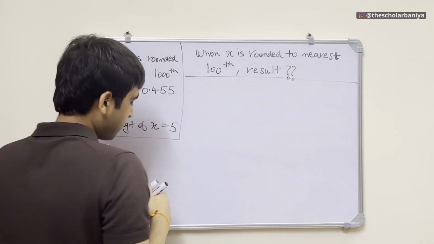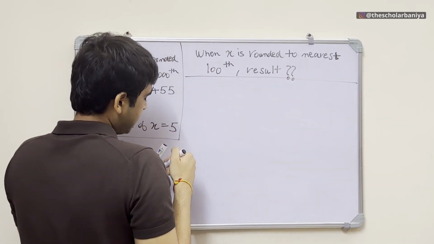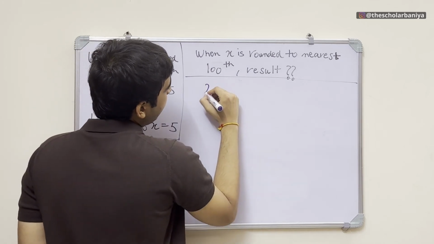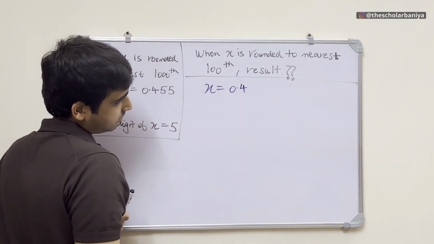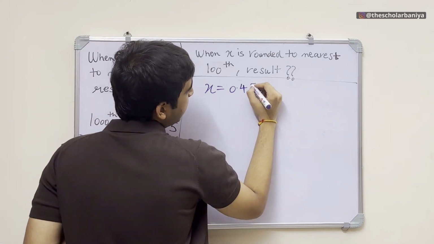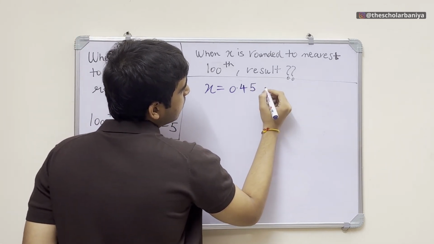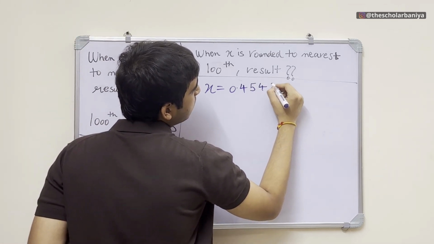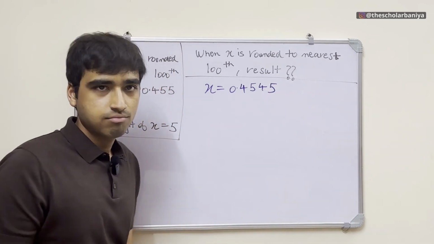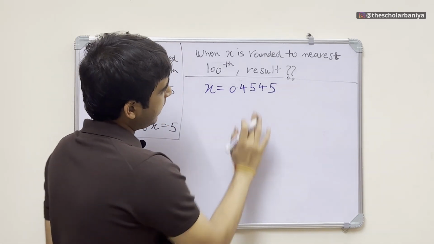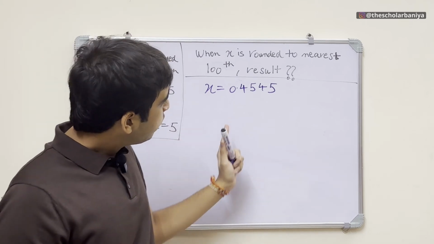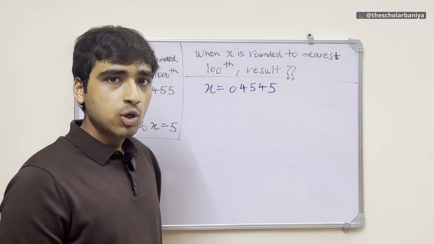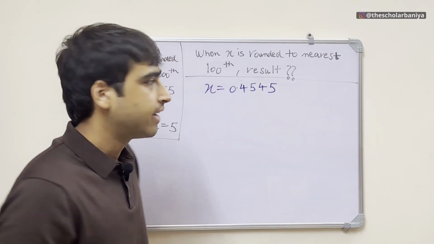So tell me one thing, if x is 0.4545, right? If x is 0.4545 and you round this off to the nearest thousandth, what will you get?